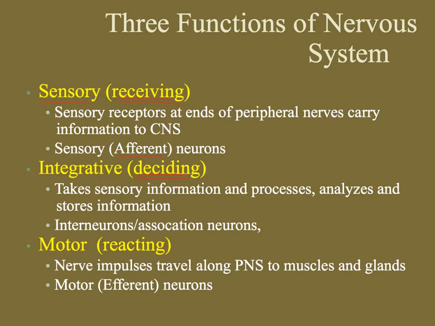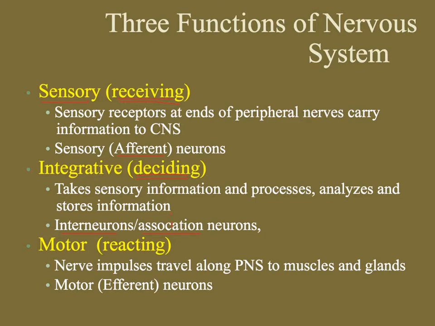So in the integrative function, your central nervous system, and primarily your brain, is processing, thinking about, analyzing, determining what you are actually sensing by all of this stimuli. The neurons that do the integrative function are known as interneurons or association neurons. Sorry about the misspelling in the slide.